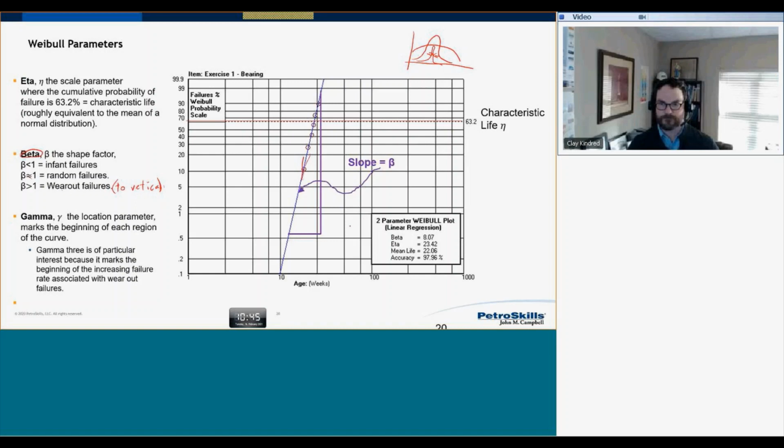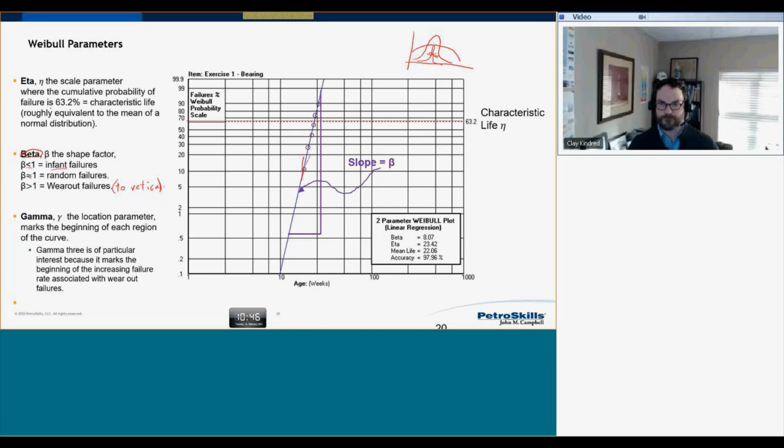Make sure your guys are familiar with how to change a seal in the field very quickly, because it's pointless doing these replacements. If your beta factor is less than 1, you've got infant failures. Now that means you've either got a design problem or you've got a commissioning and installation problem. And that means the strategy you're going to use is going to be very different to these other 2.